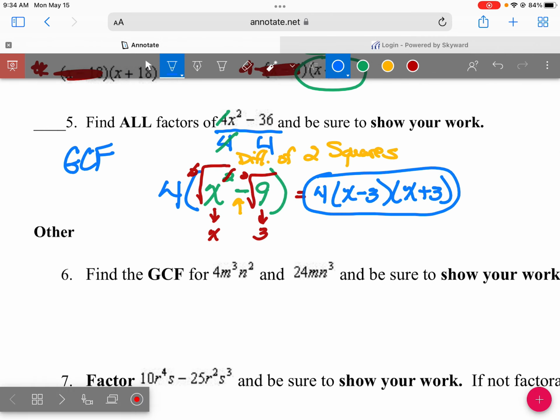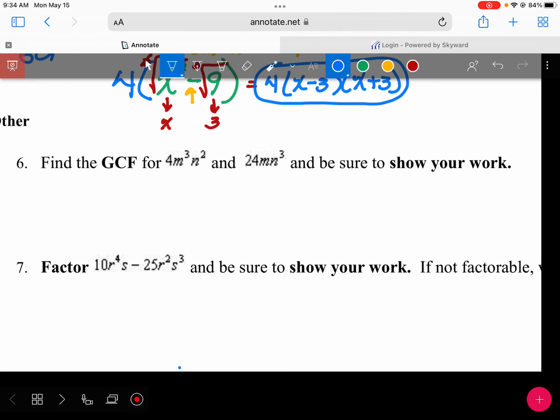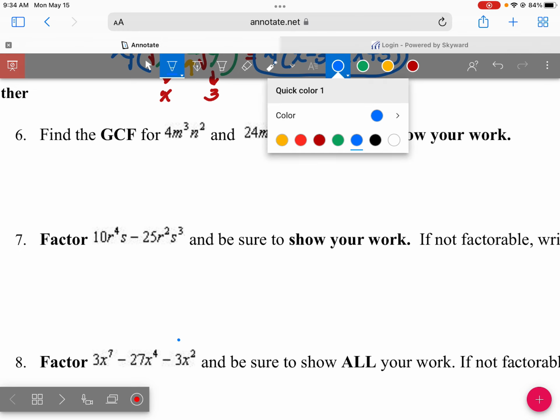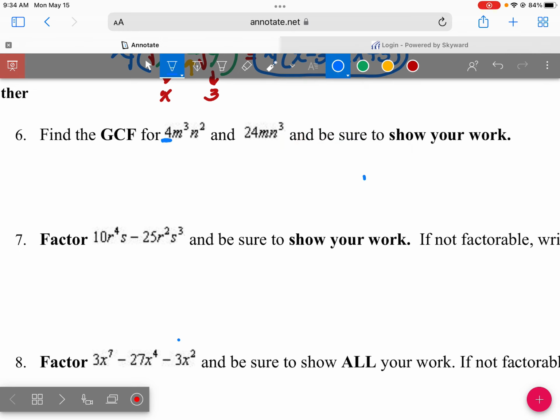All right, let's go to the next problem. Number 6, find the greatest common factor for 4m to the third n squared and 24m n to the third. Be sure to show your work. Let's just look at the numbers first. I have 4 and 24.